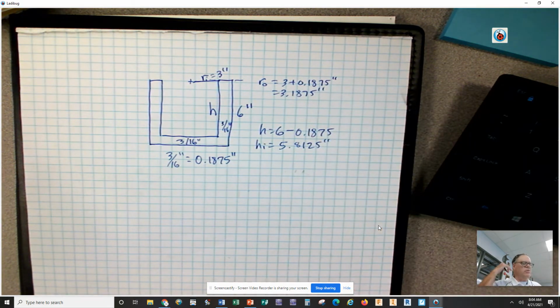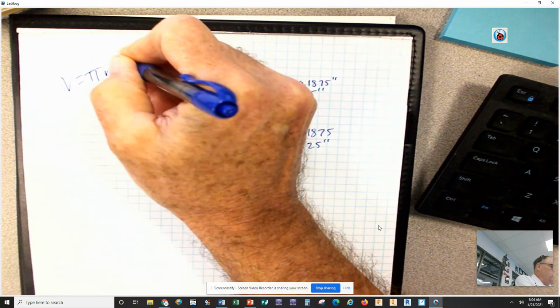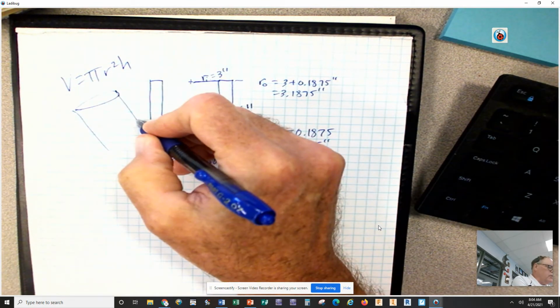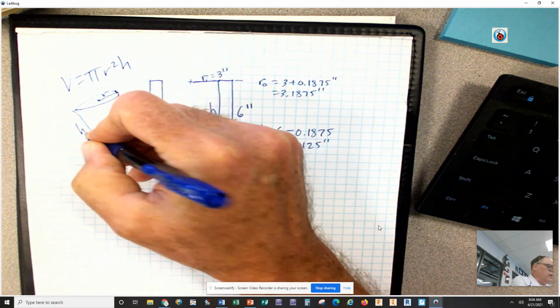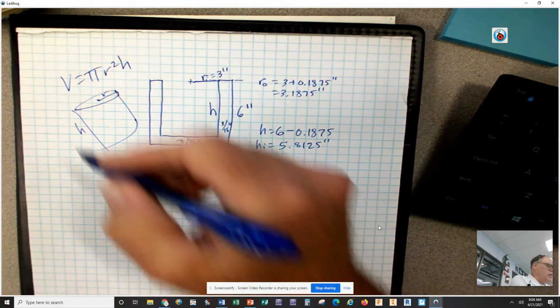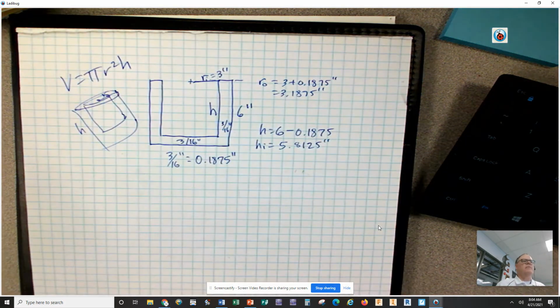When you go to use the volume formula, by the way, the volume formula of a cylinder is pi r squared h. We're going to calculate the volume of the outside cylinder and subtract the volume of the inside cylinder. If you think of a cylinder within a cylinder, that's how we're going to find out how much glass we have.